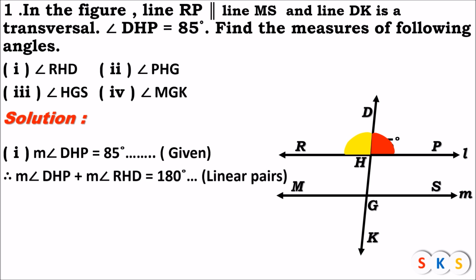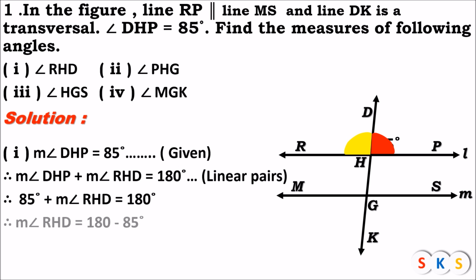Measure angle DHP plus measure angle RHD equals 180 degrees. Now we will substitute the measure of angle DHP as 85 degrees. We will get 85 degrees plus measure angle RHD equals 180 degrees. Now we will shift 85 degrees to the right hand side of the equal sign. Therefore, measure angle RHD equals 180 minus 85 degrees. Therefore, measure angle RHD equals 95 degrees.